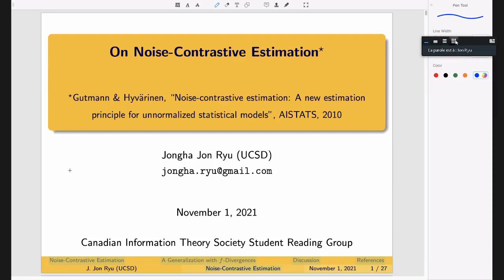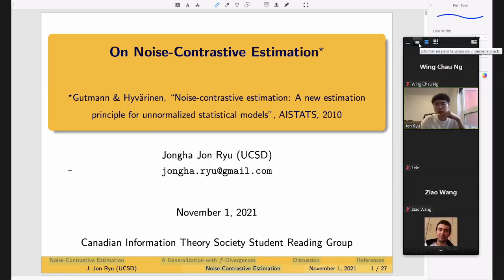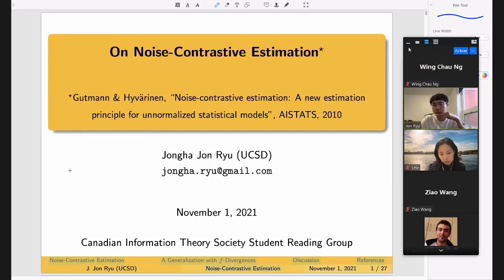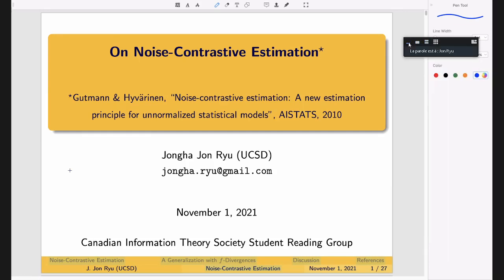Today I'm going to talk about noise contrastive estimation, which was proposed in 2010. This work is considered quite seminal in the area of estimating unnormalized models and inspired lots of recent models like GANs and contrastive learning for representations and so on.